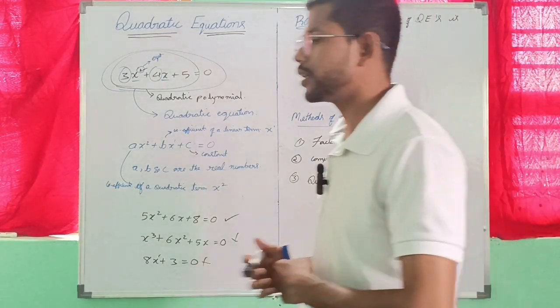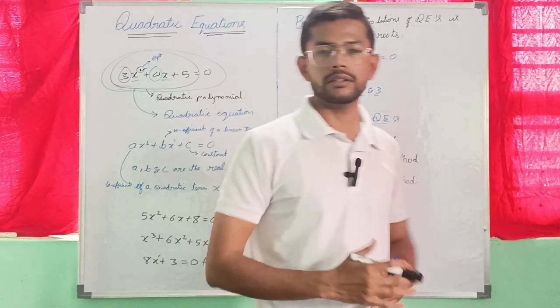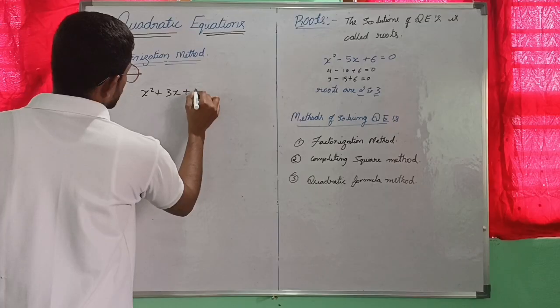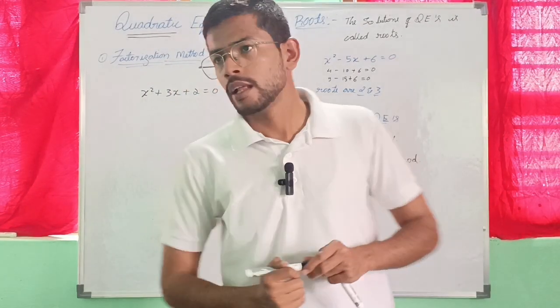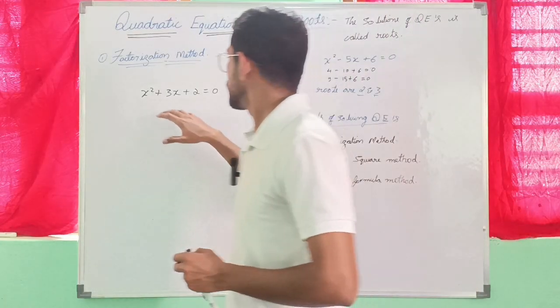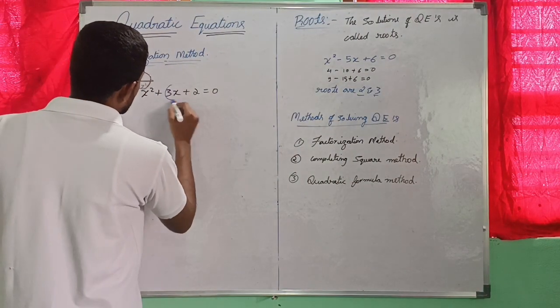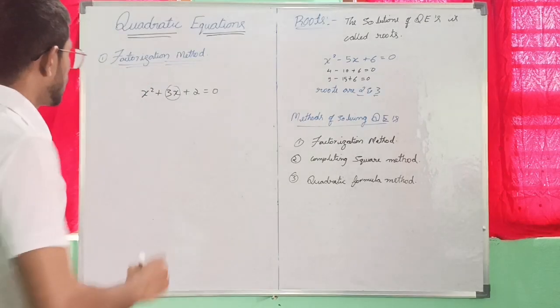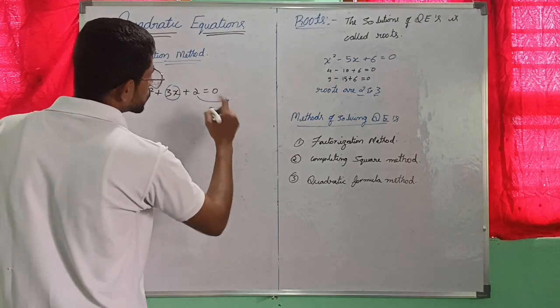So let us study the first, the factorization method, in detail. Plus 2 is equal to 0. The main thing here in the factorization method is that we have to split this middle term, 3x, in a quadratic equation by using the constant.